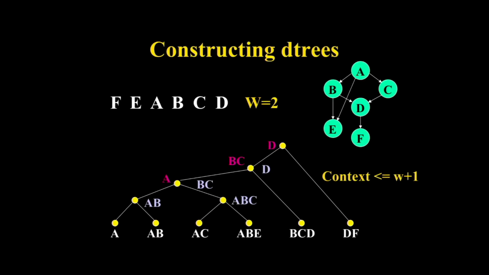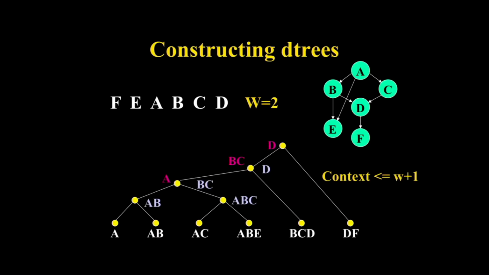So what's the total space used in this case? Linear in the number of nodes, exponential in the width. In fact, this method not only guarantees that, it guarantees the following. If you go to every node and combine the context and the cut set, take their union, that union is also less than W plus 1.